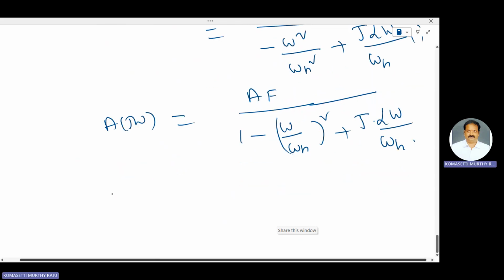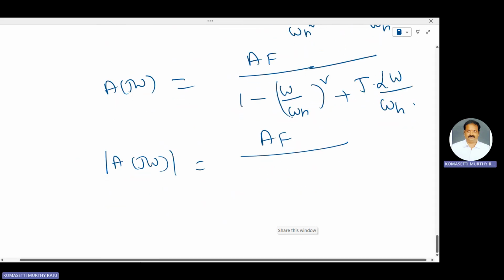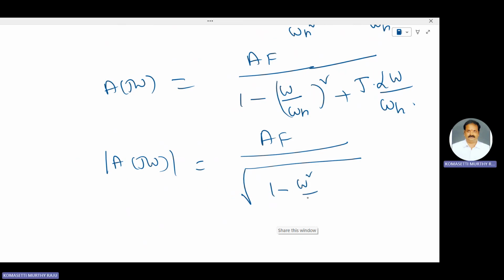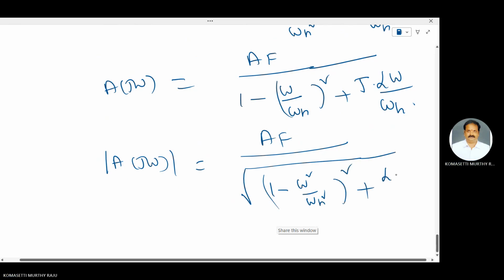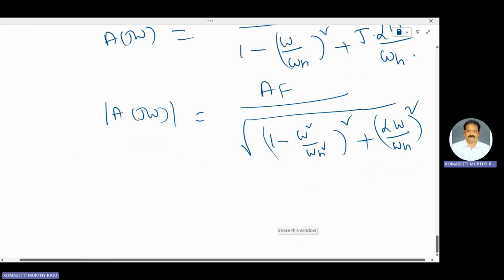Magnitude of this transfer function, mod A of j omega, is equal to AF by square root of 1 minus omega square by omega H square whole square plus alpha omega by omega H whole square. This is the magnitude transfer function.